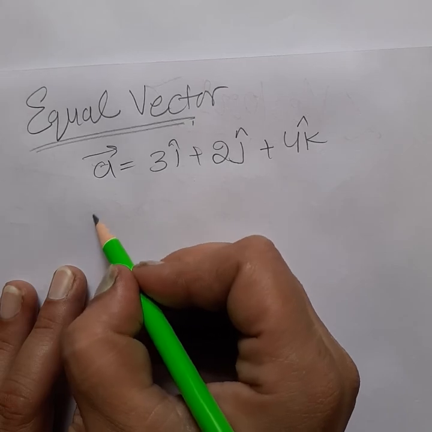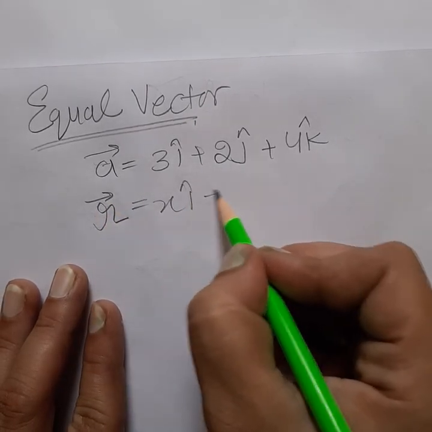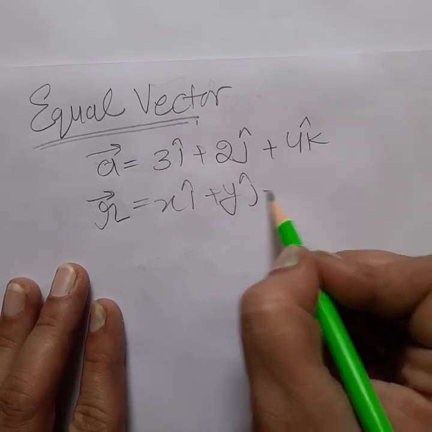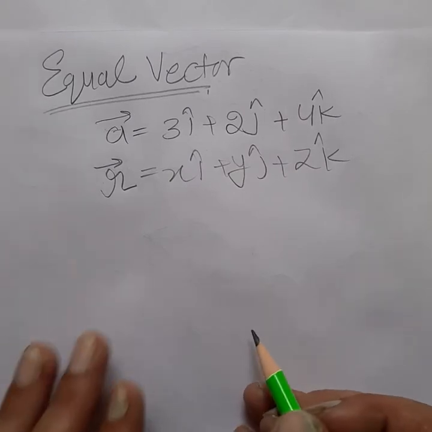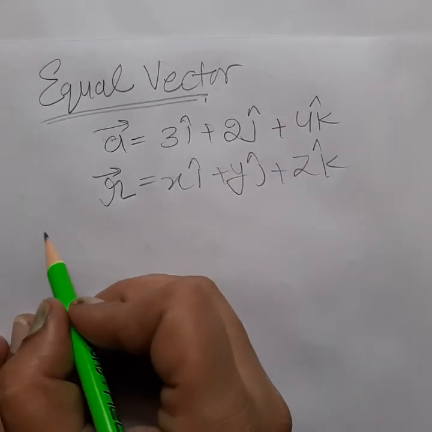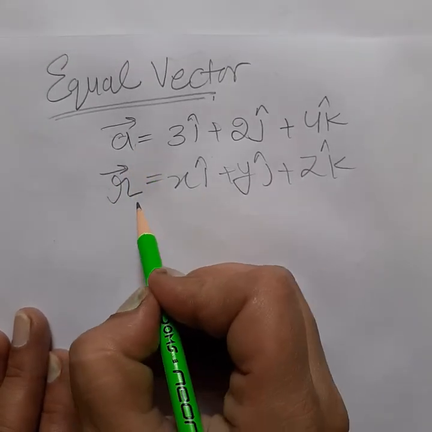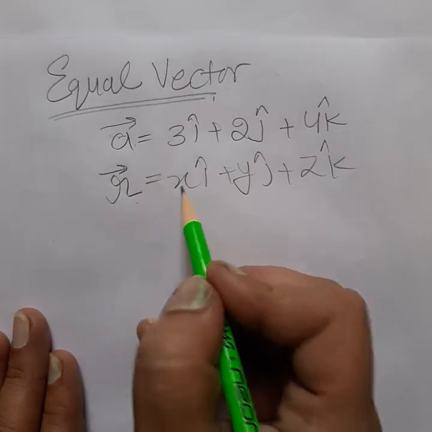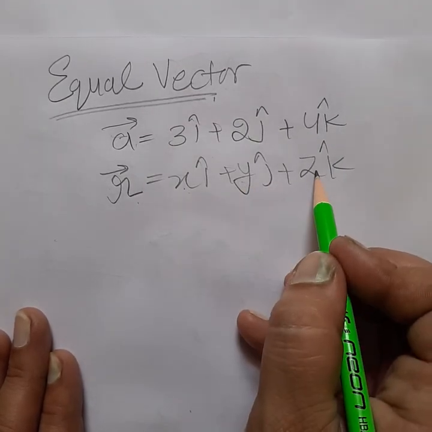Suppose we have another vector r, that is xi plus yj plus zk. Both vectors are in our question, and we are asked that these two vectors are equal, find the values of x, y and z.